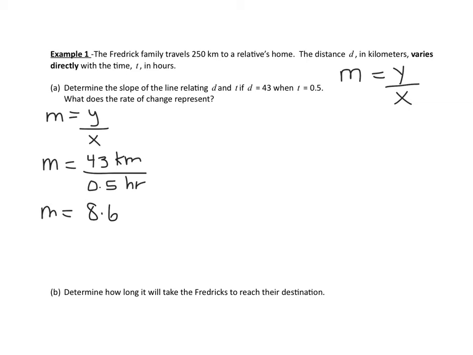So that is our slope value. But then if we put in the units attached to the 8.6, which are kilometers per hour, that turns it into a rate of change. So what does this really represent? Well, it tells us that the Frederick family can travel 8.6 kilometers every hour.